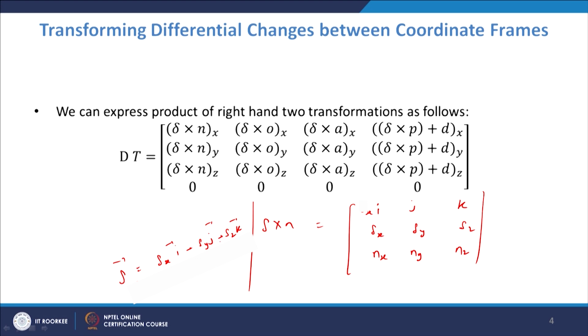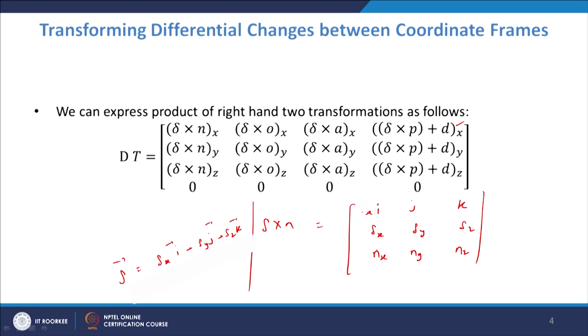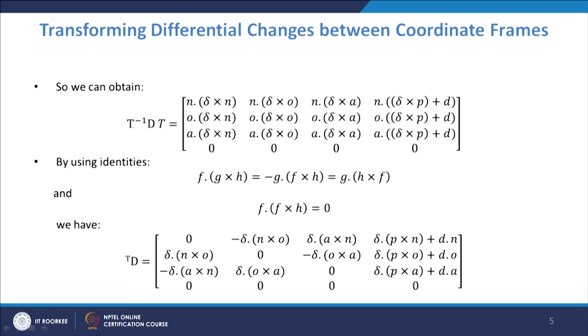So, the x component of d is given here. Similarly, all the entries can be multiplied, and D into T can be obtained. Now, we have to multiply T inverse on the left side. So, T inverse D T can be obtained like this.